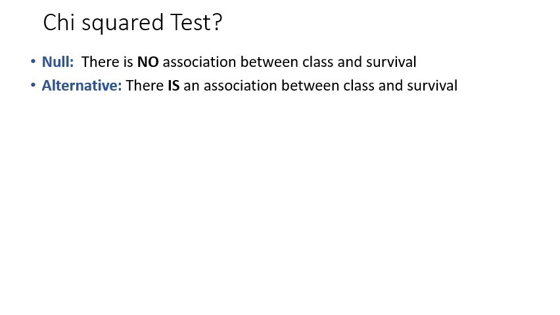So take note of the no association in the null, and take note that in the alternative there is an association. So in the alternative, you are negating the null hypothesis. So we are going to provide sufficient evidence to reject the null hypothesis, and thus we are going to accept the alternative hypothesis that there is really an association between class and survival.